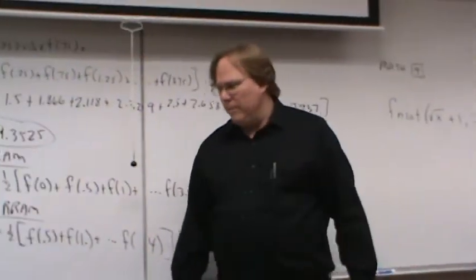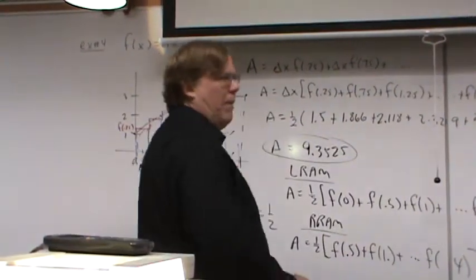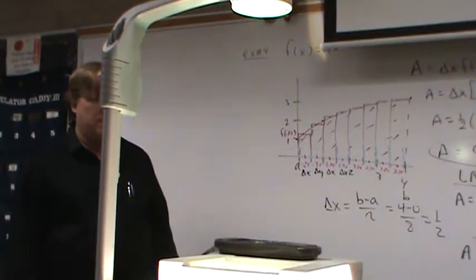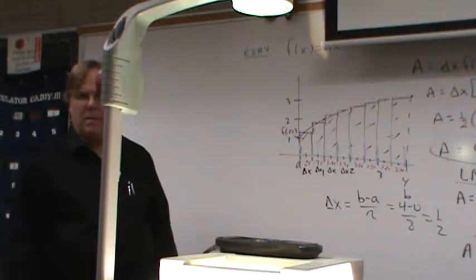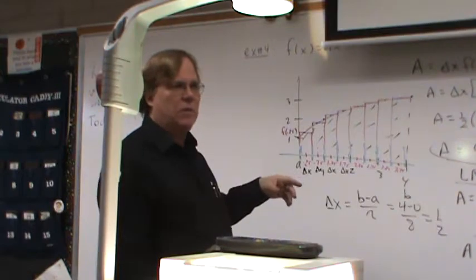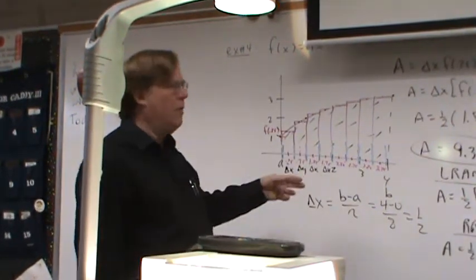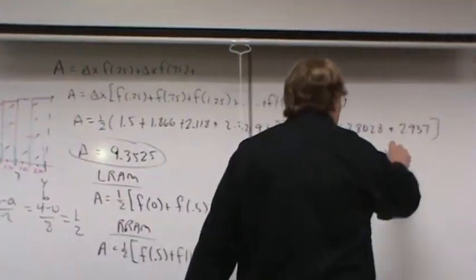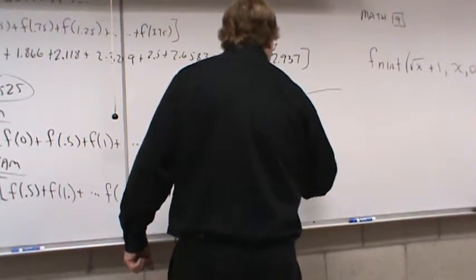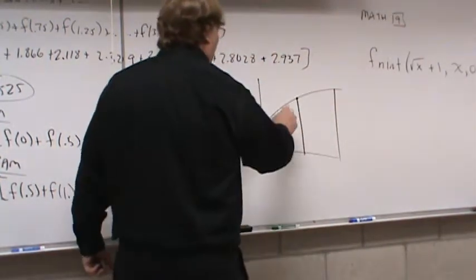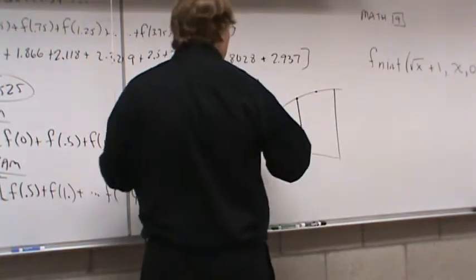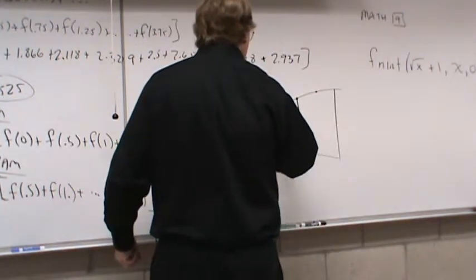By the way, what is it about MRAM that makes it a more accurate estimate than RRAM or LRAM? You're taking the average of the two. Okay, true. You're kind of taking the average of two. It's not really truly the average of the two, but you're right, it's in between the two. What else is it? Like here, if this is my function, and let's say I only have 2 rectangles, but I end up letting the height of each rectangle be the y-coordinate of the midpoint of the partition.